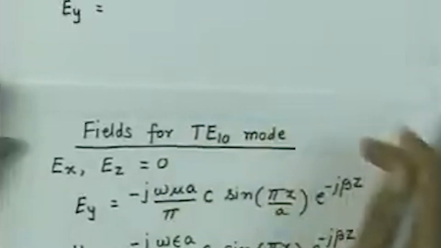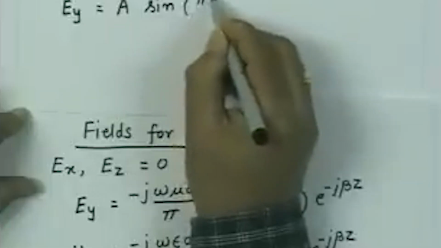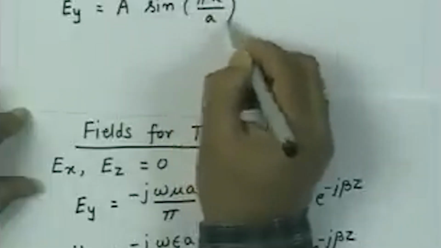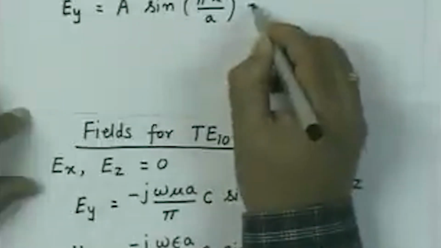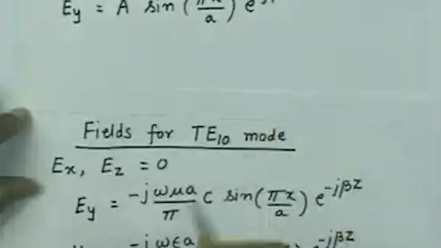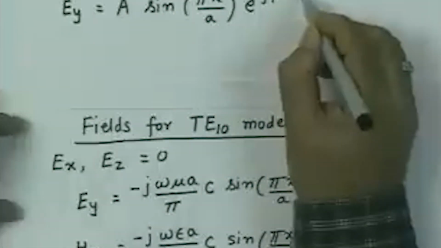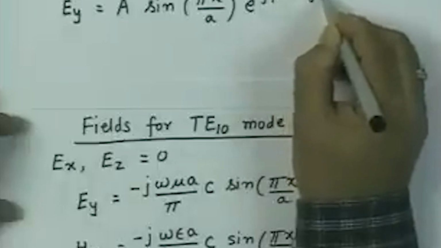So, let us say I have some constant here, some A, sine of pi x by a, and I write here e to the power minus j beta z, and I take this minus j up. So, this will be equal to minus j pi by 2.